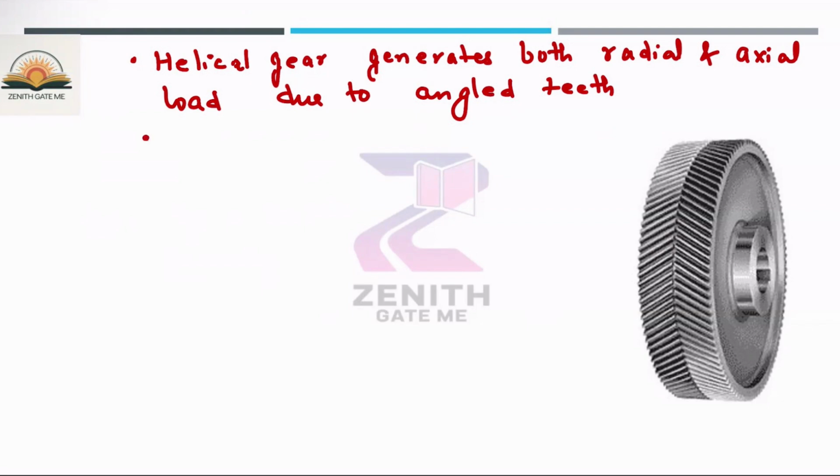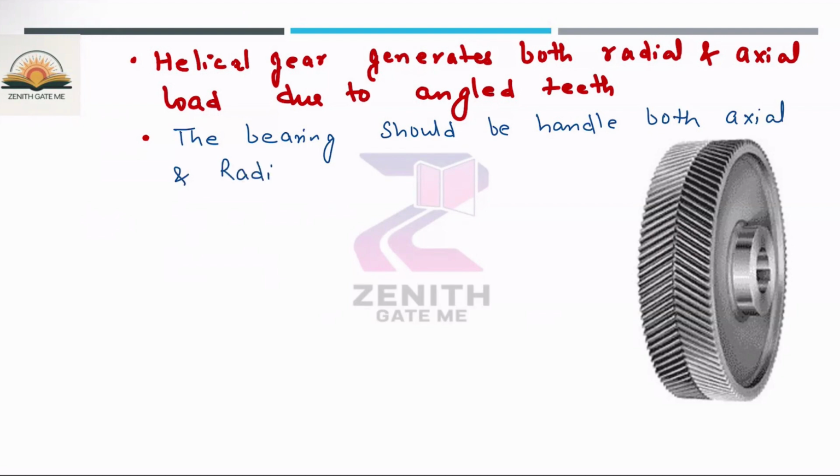So the bearing should handle both axial and radial load. Because the shaft is carrying the helical gear, it is generating both radial and axial load.